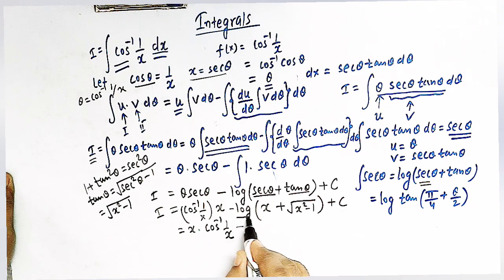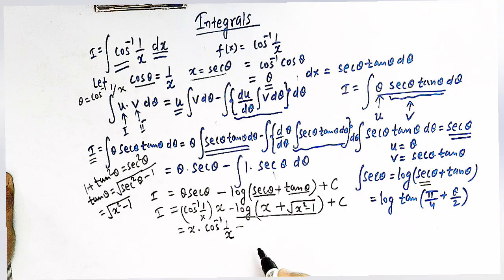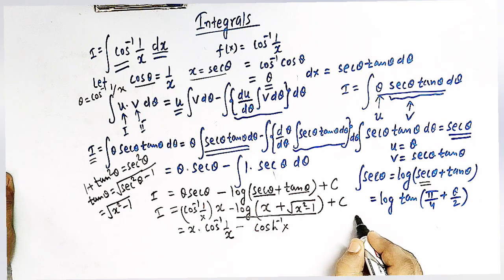For this term we can use the inverse hyperbolic function, and we know that the inverse hyperbolic function of cos x, that is cosh inverse x, is equal to log of x plus square root of x square minus 1.